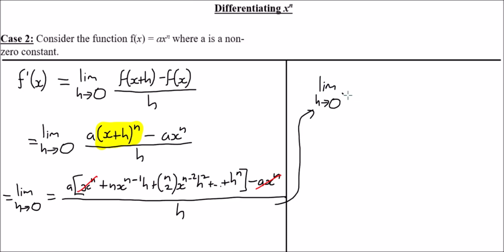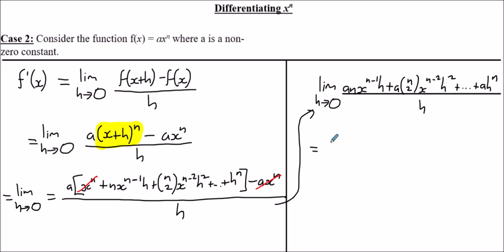On the top, we'll have a n x to the n minus 1 h plus a multiplied by n choose 2, x to the power n minus 2 h squared plus all the way along until we get a multiplied by h to the power n. Now all of this on the top is going to be divided by h once again.